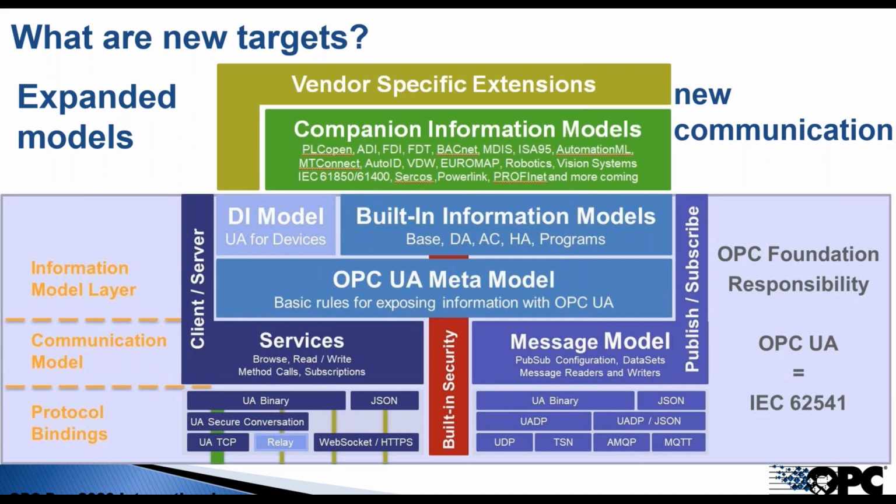The PubSub testing is still in progress. It's a little bit longer term goal for us just because it requires new communications paradigms for our compliance test tool. It isn't just adding test cases. We have to add a fair amount of infrastructure for it.